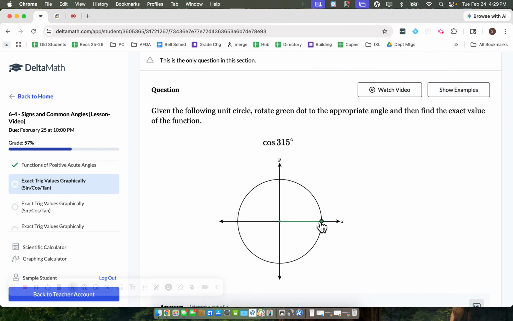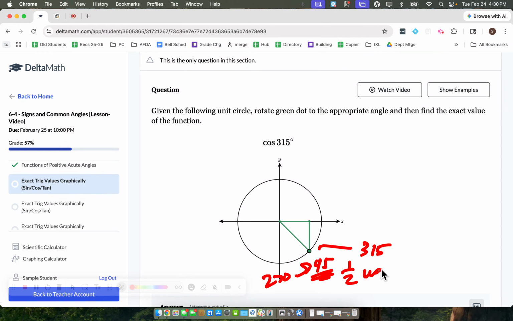Okay, so let's go back to Delta Math. Based on our knowledge of the unit circle, let's go over to 315. Notice how it clicks on the common angles. Okay, 270. I think we stop here because 270 plus 45, another 45, gets you to 315. And 45 is halfway between here and here.